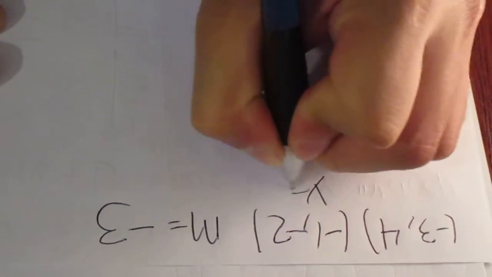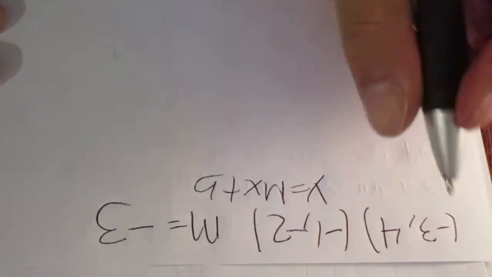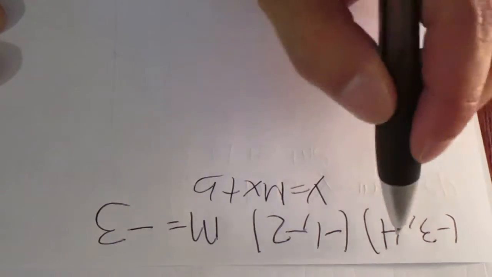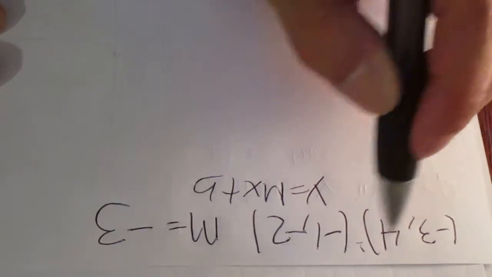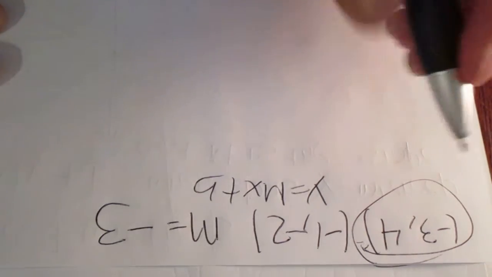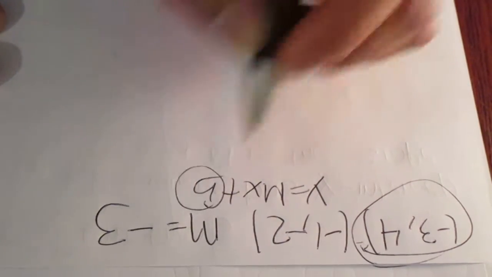So we use y equals mx plus b. We have to pick a coordinate, so I'll choose this one, and then we'll just plug it in so we can find b.